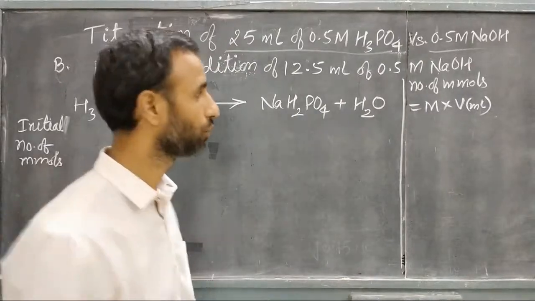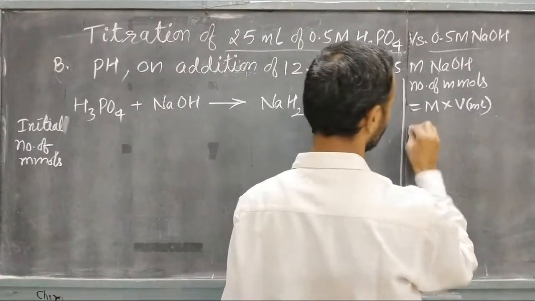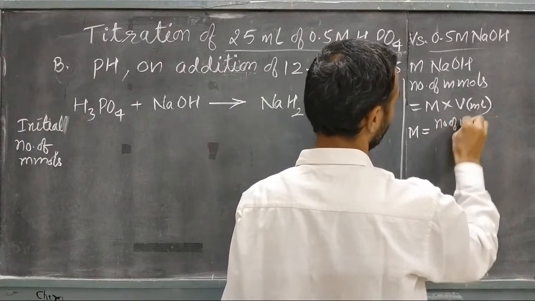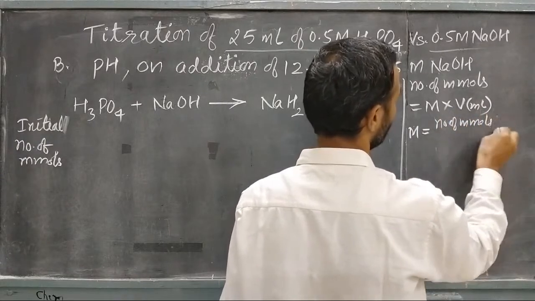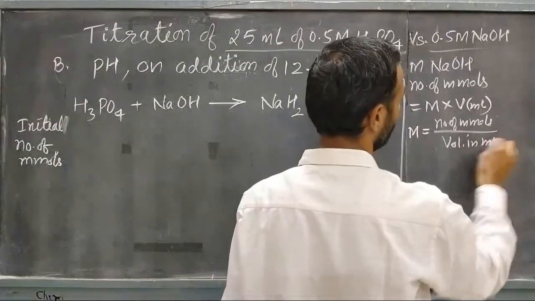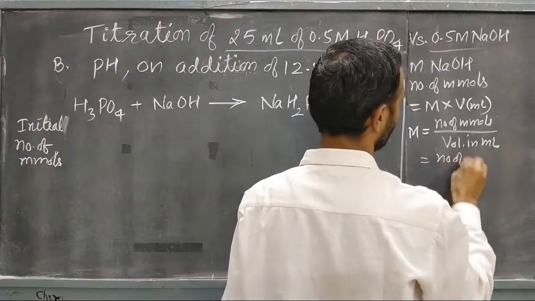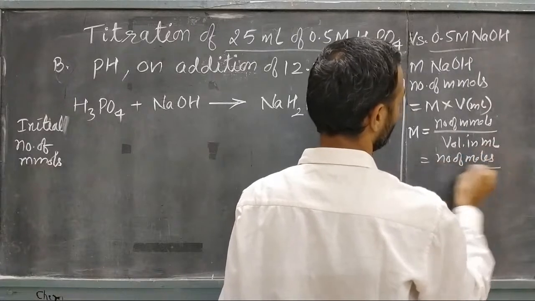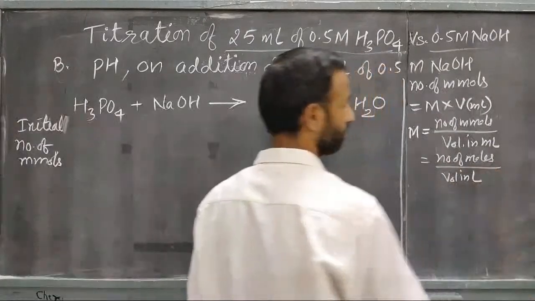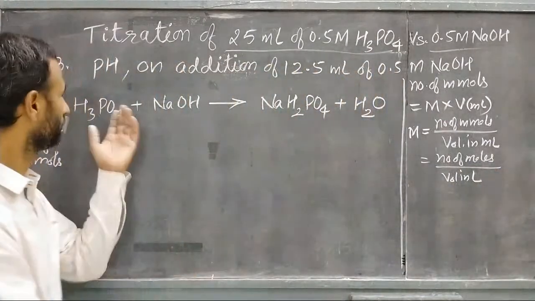This is the formula, and molarity equals number of millimoles divided by volume in ml. Like if we have number of moles, then we divide it by volume in liter. Okay.